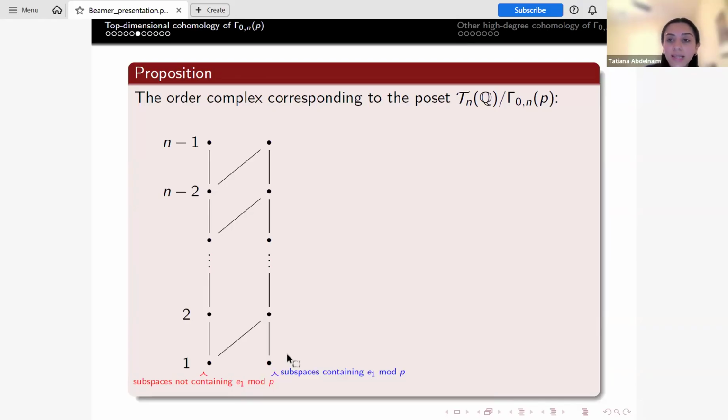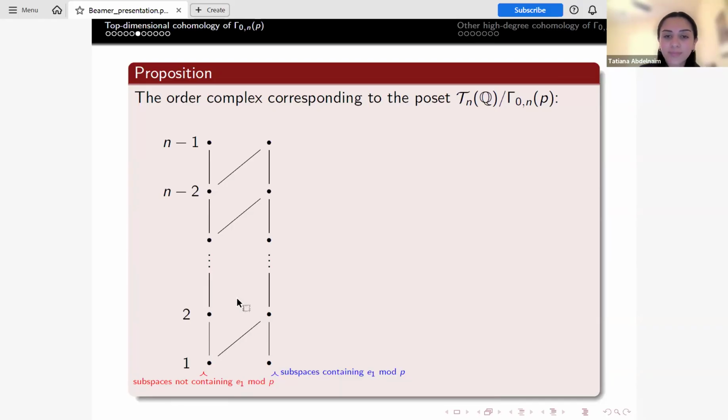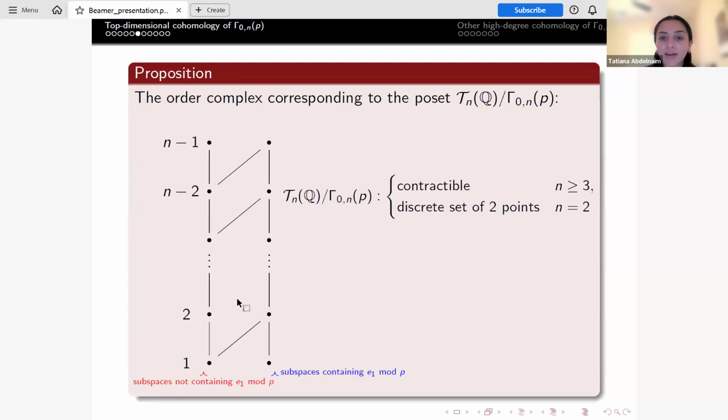However, when n is at least 3, we have at least these 4 points with these 3 inclusions, and so the space is contractible. And so we have this, and hence the homology is 0 for n at least 3, and it's Q for n equals 2.